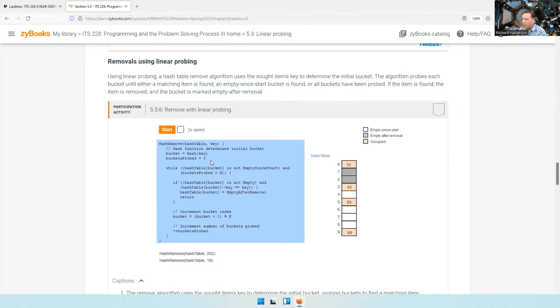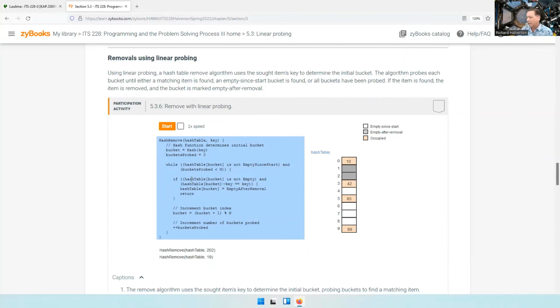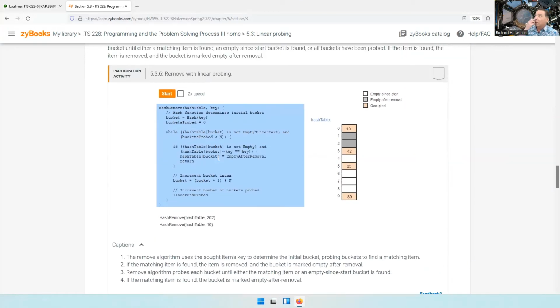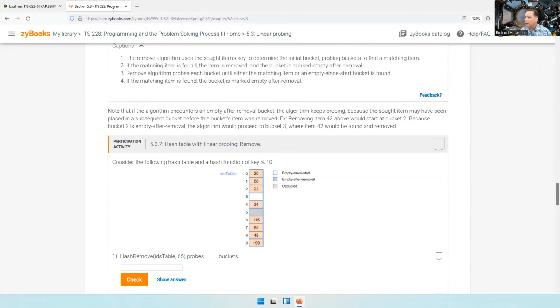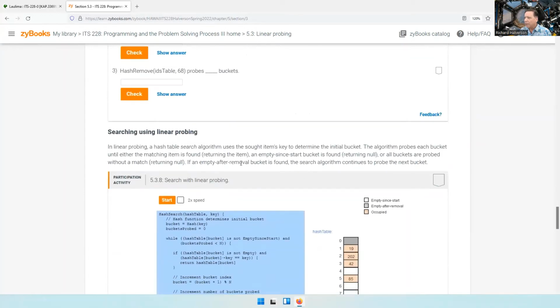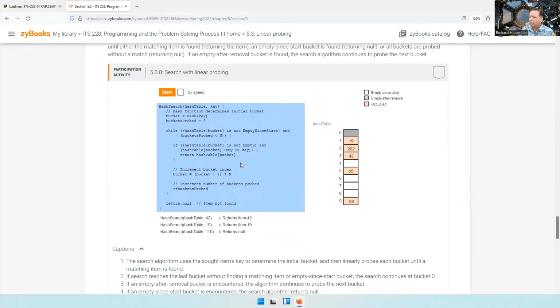And there's a limitation here where buckets probed has to be less than the size of the hash table, obviously. After you've looked at every single one, and it's not there, then you know it's not there. All right, so that's removal, and searching is similar to the removal, except you don't remove it, you just return the value item.